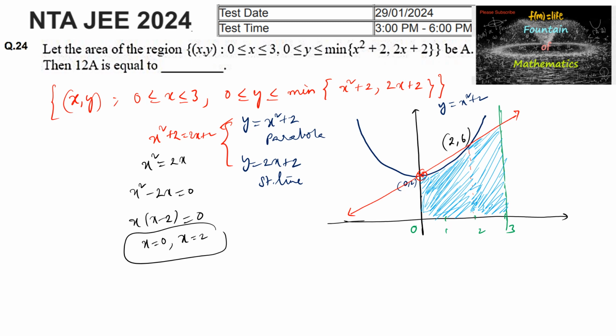We can say integral from 0 to 2, the minimum is the parabola, y is equal to x squared plus 2, and from 2 to 3, the minimum is the straight line, that is y is equal to 2x plus 2.